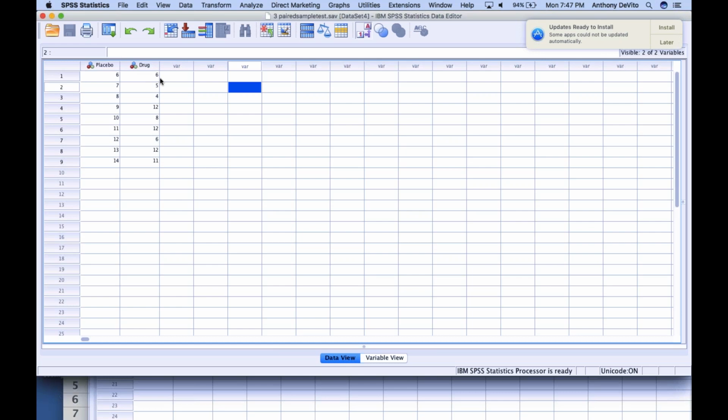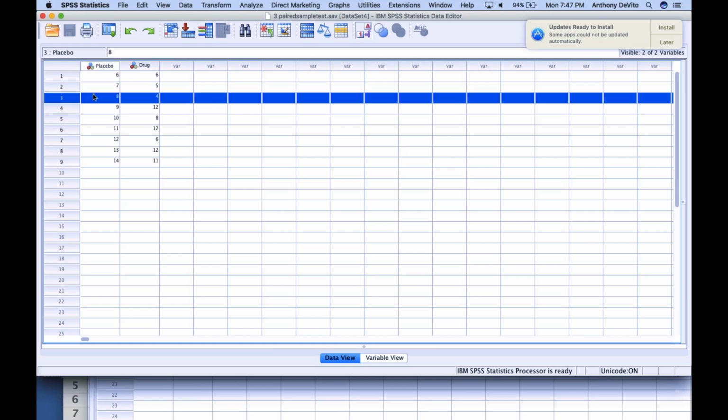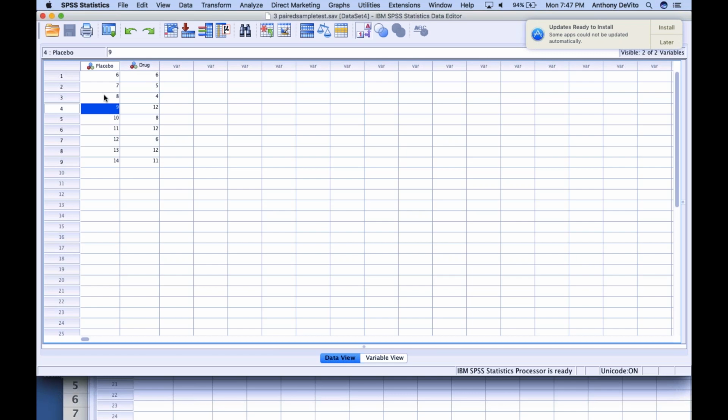Okay, so now in this case, we're not really interested in the fact that patient number 3 had a blood level of 8 when they took the placebo and 4 when they took the drug. We're not interested in those actual numbers. We're interested in what the improvement was. What's the difference? So for each one of these, we will subtract one from the other to find only the differences.